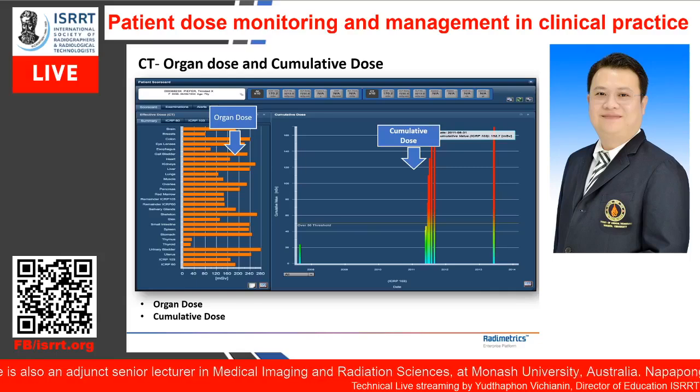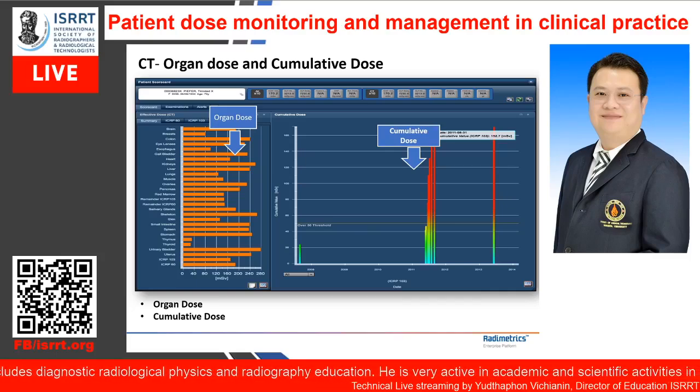I mentioned before that in a number of facilities we look a lot at the organ dose and cumulative dose, especially the cumulative dose. For example, if during the past year I was exposed doing chest x-ray, KUB x-ray, CT brain, CT abdomen, and if I went to the same hospital with the same identification number, my cumulative dose will show up here.